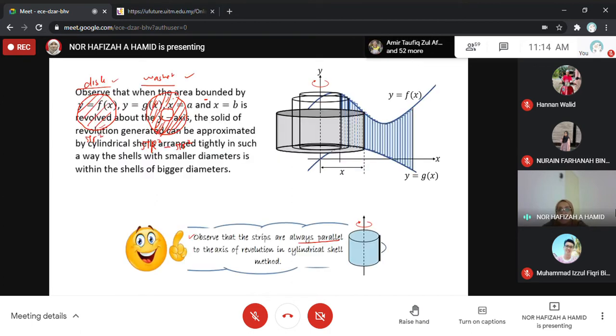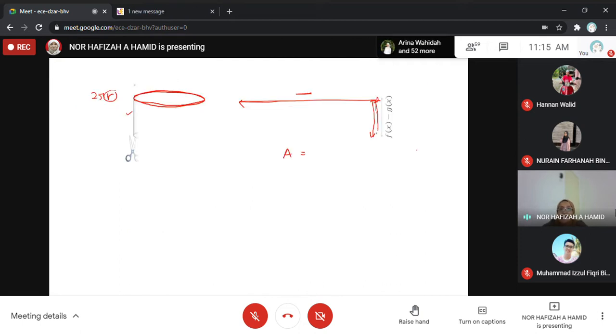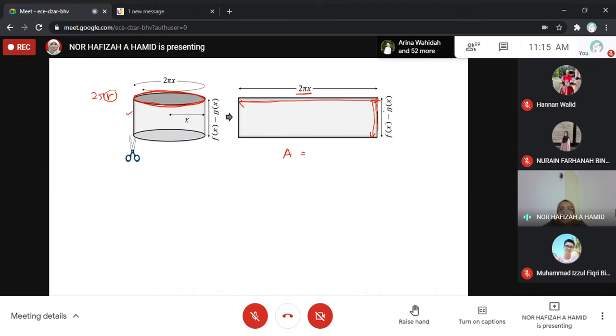So kalau kita buat diagram ni, upper dia is f(x), lower dia is g(x). So for the area of the cross section of the cylinder ni, we have 2 pi x times f(x) minus g(x). Okay, so ni untuk surface area lah untuk yang A ni.